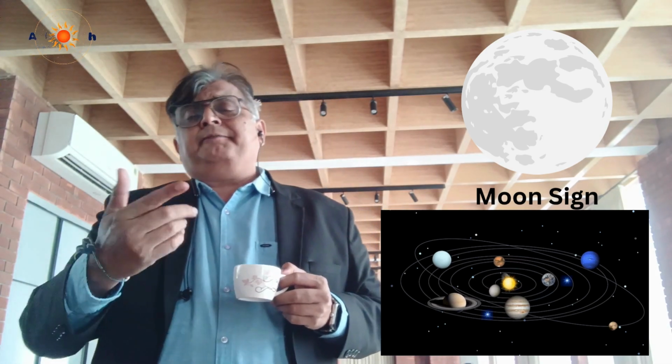So, how to identify your Lagna sign and your moon sign? First of all, you should have your date of birth, time of birth, and place of birth in your head. Open any app like astrosage.com; many apps are there, Drik Panchang and other apps too.